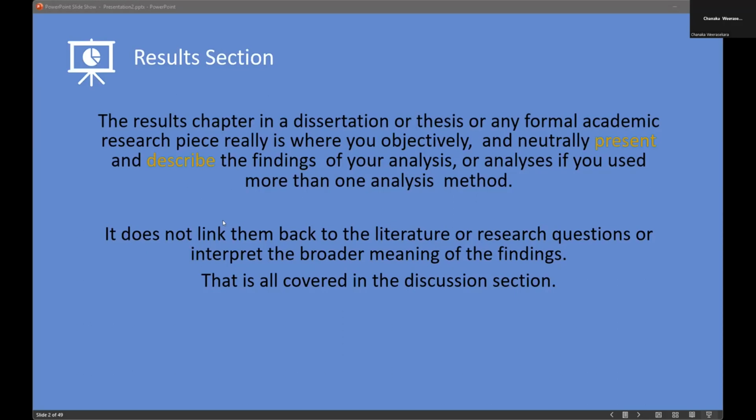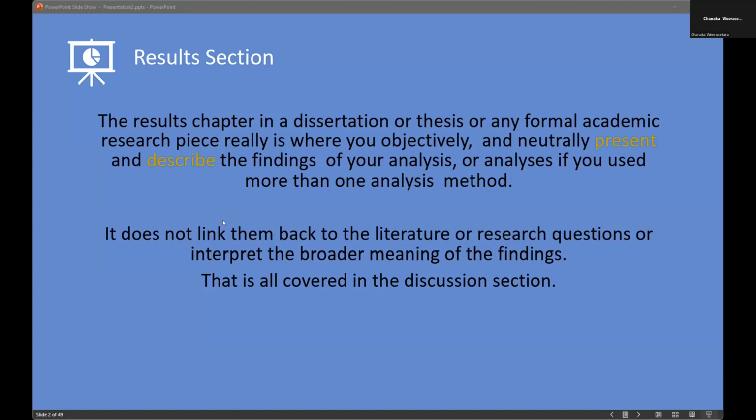So the results chapter in a dissertation or a thesis or any form of academic research for that matter, it's really where you objectively and neutrally, very important two words, objectively and neutrally present and describe the findings of your analysis.